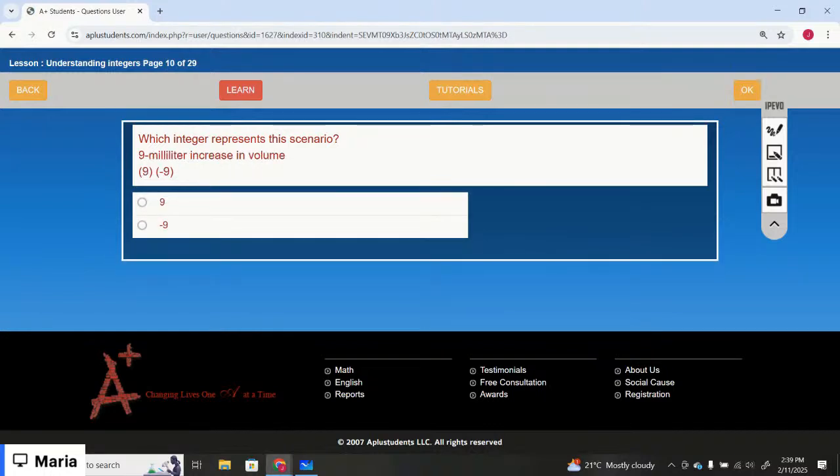Which integer represents the scenario? 9 milliliter increase in volume. Again, that is an increase that would be represented by the positive number. Okay, you can complete the lesson by yourself later today. So we were working on grade 5 math.